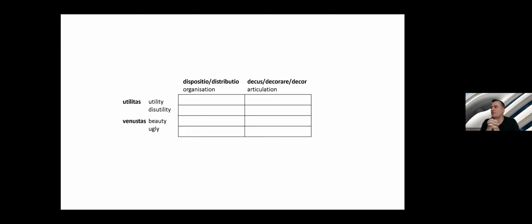Now then we have dispositio and decor still, so distribution and decoration, and I'm not aligning them, but I'm setting this pair of concepts orthogonal to the pair of utility and beauty, because I believe that we can talk about not only a useful organization of the space, but also about a useful decoration, because this decoration has a task, the task of articulation, of making legible.